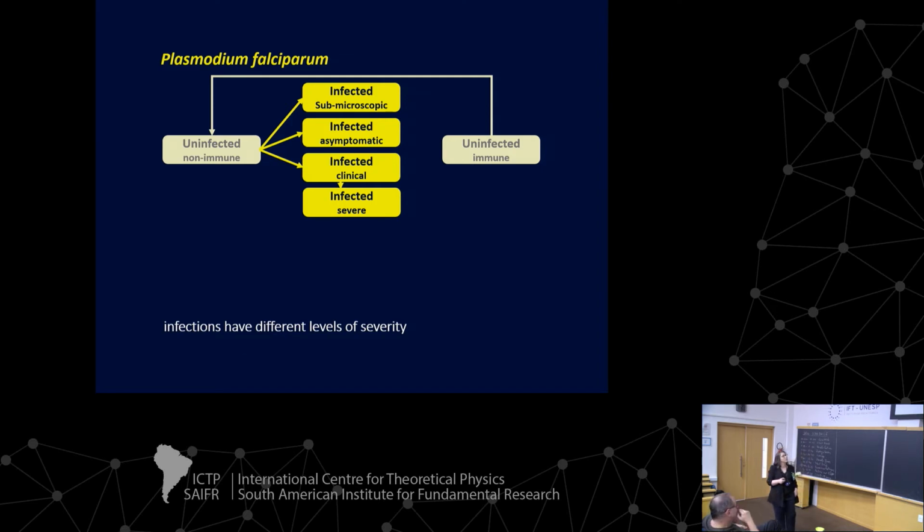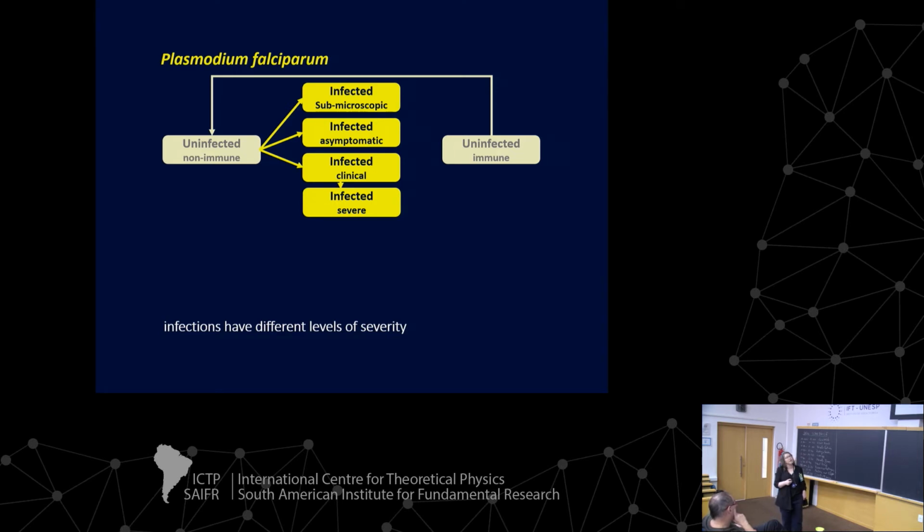And so we'll only see a subset of these people in the surveillance system in routinely collected data. If you're asymptomatic, you won't seek treatment, but you'll still be very infectious for quite a long period of time. They think maybe up to a year.